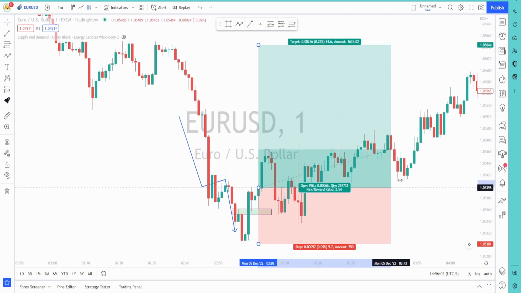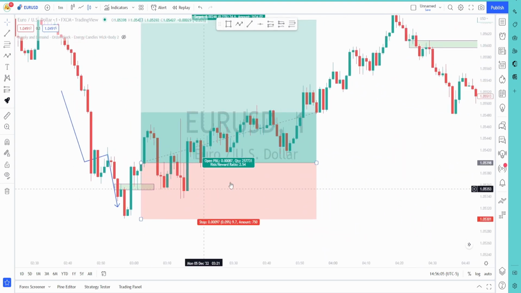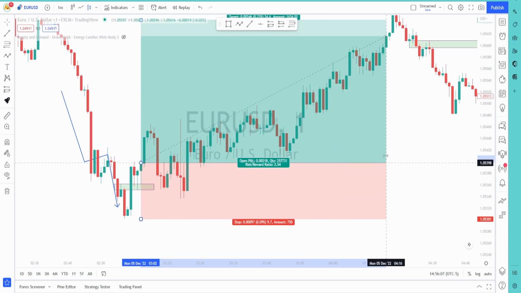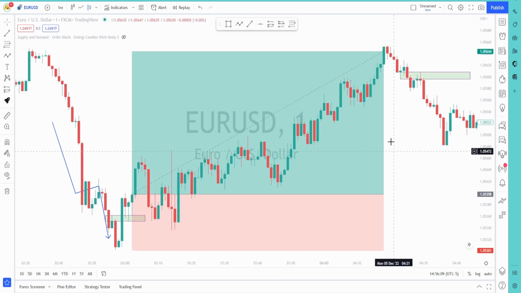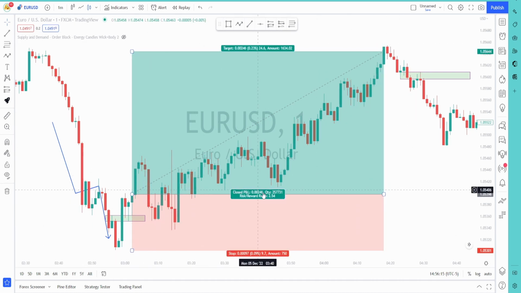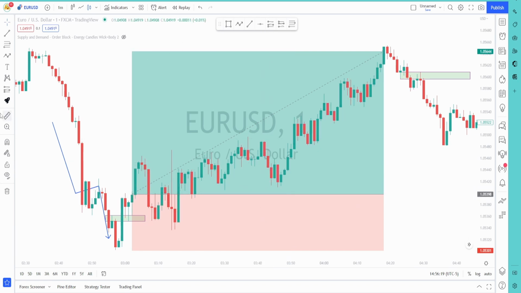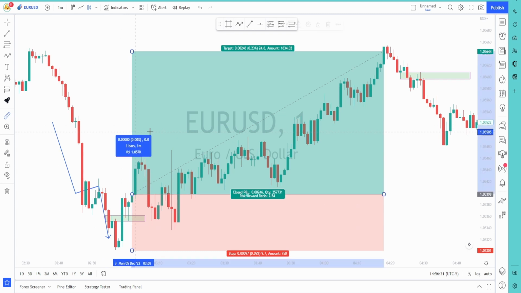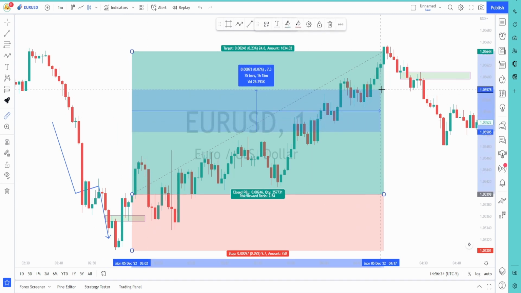And if we run this across, you can see how price came up and took out that area completely before changing direction. And this was a 2.54 risk to reward. And this trade was 1 hour and 16 minutes.